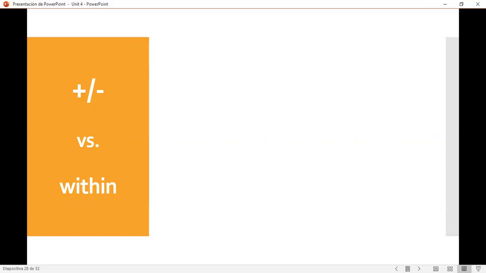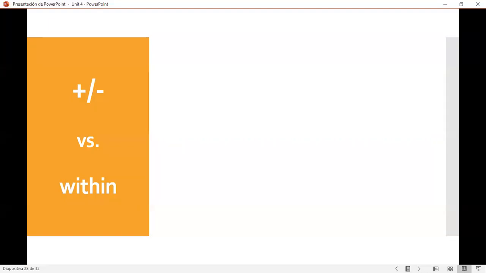It seems like that. Okay. So in this case, we refer to plus and minus versus within with some different concepts. They're similar, yes, but sometimes they differ a little bit.